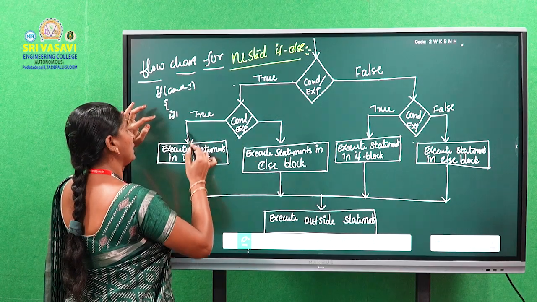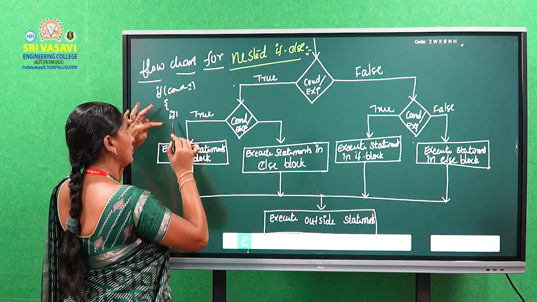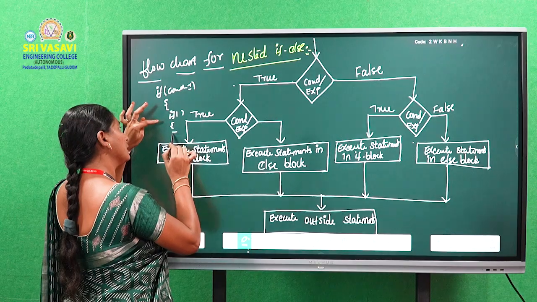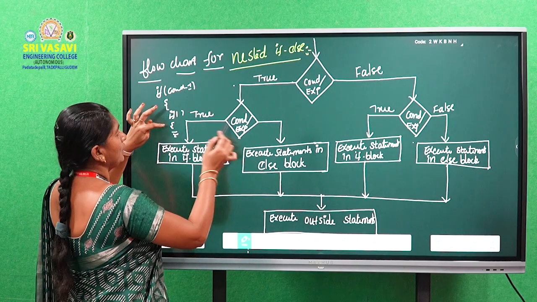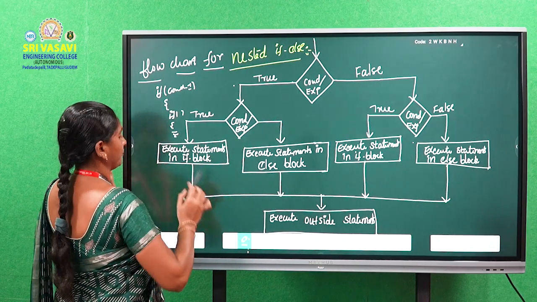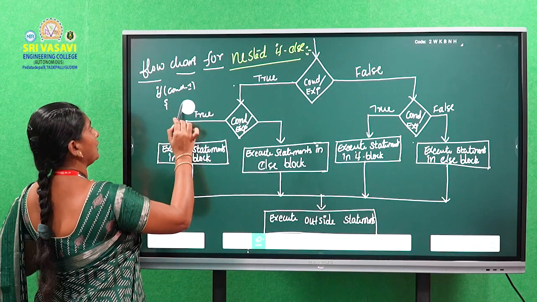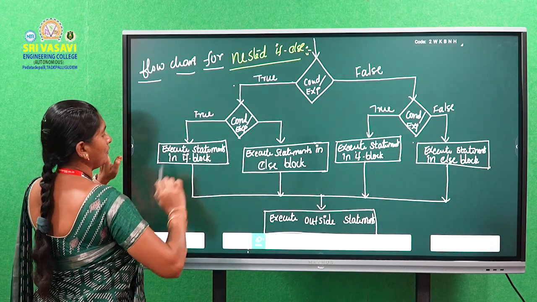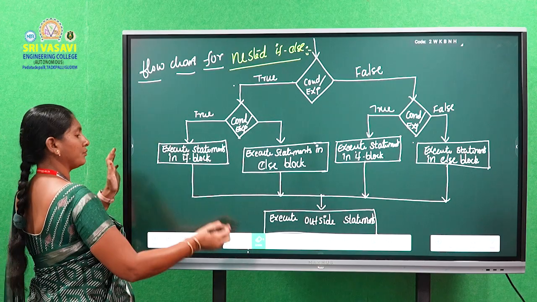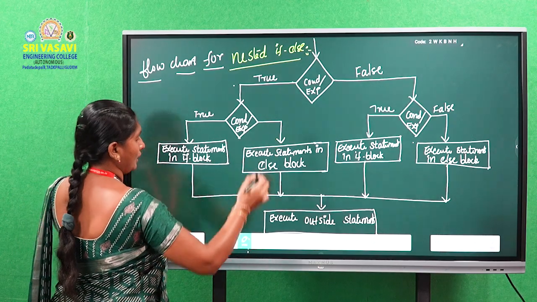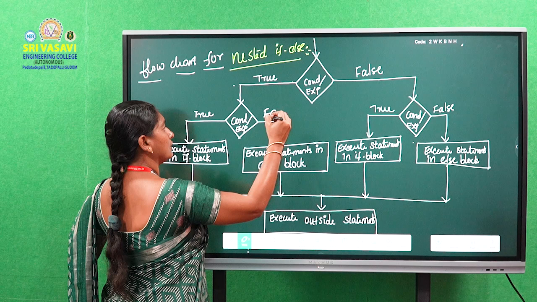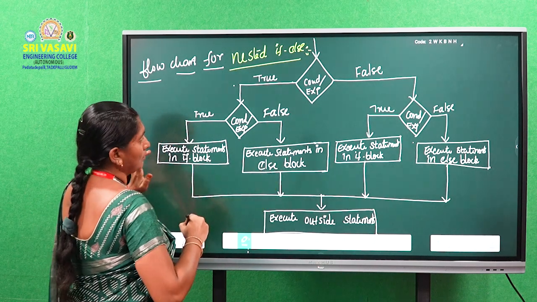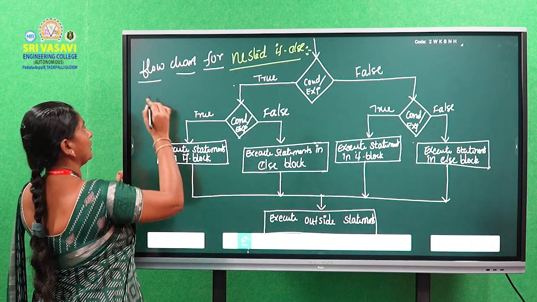If this condition is true, it will execute the statements inside this if. If this condition fails, we will execute the statements in else.